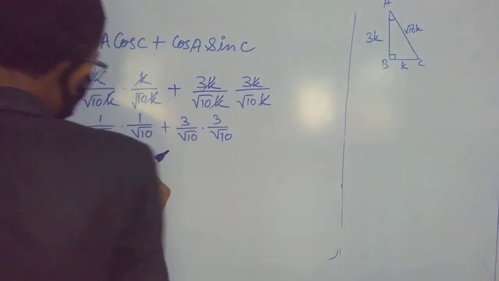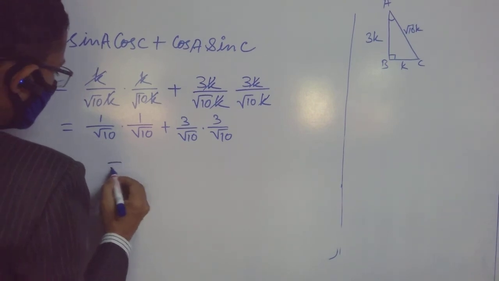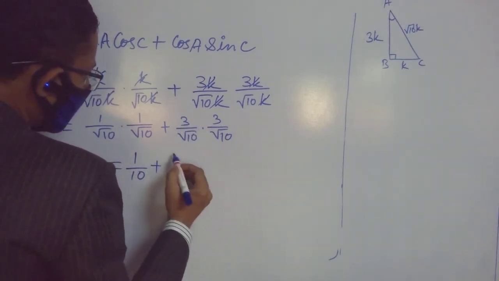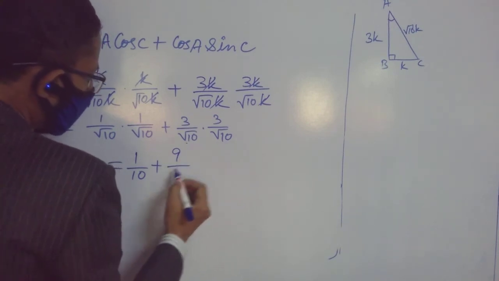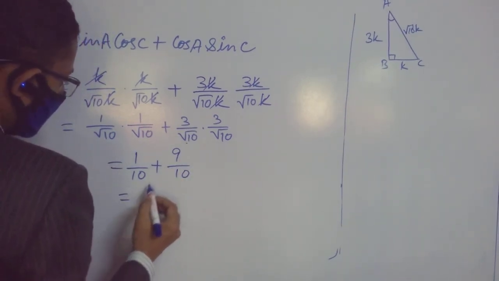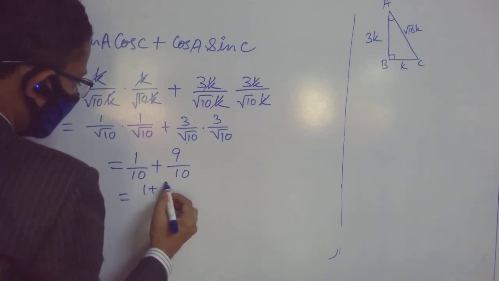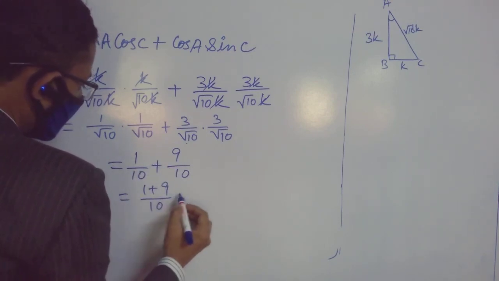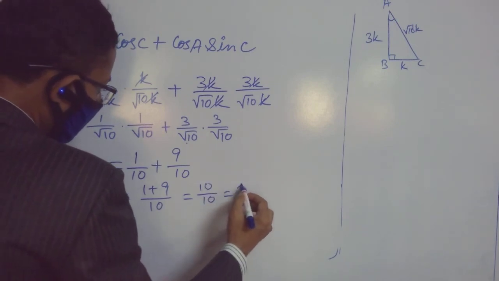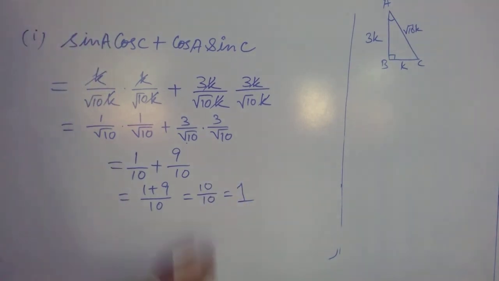So root 10 into root 10 will become 1 by 10, 3 threes are 9, root 10 into root 10 again by 10, and then 1 plus 9 by 10, that is 10 by 10, that is 1. The value of this is 1.